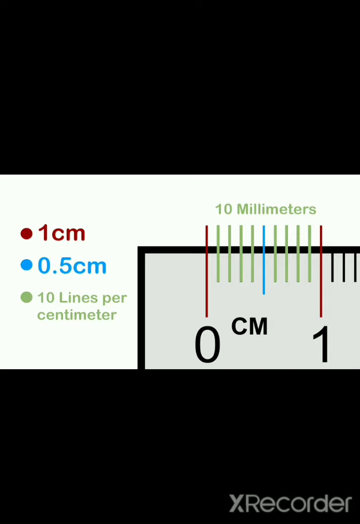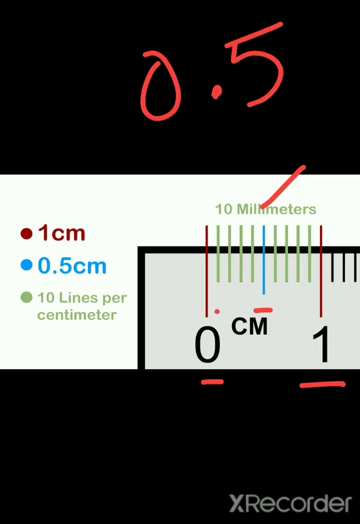After that you can see these small green lines over here. These 10 lines indicate 10 millimeters. You can observe this long blue line. This long blue line indicates the middle one, that means between 0 and 1 it indicates 0.5, that means half away, half from 0 and half from 1.